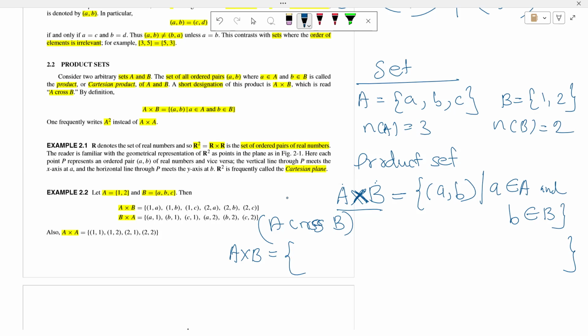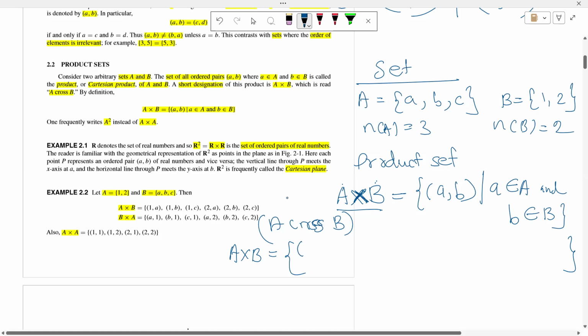So A cross B is a product of sets. If A is one set and B is another set, you know the elements A and B have, so you need to write all the possible ordered pairs using the elements of A and the elements of B.